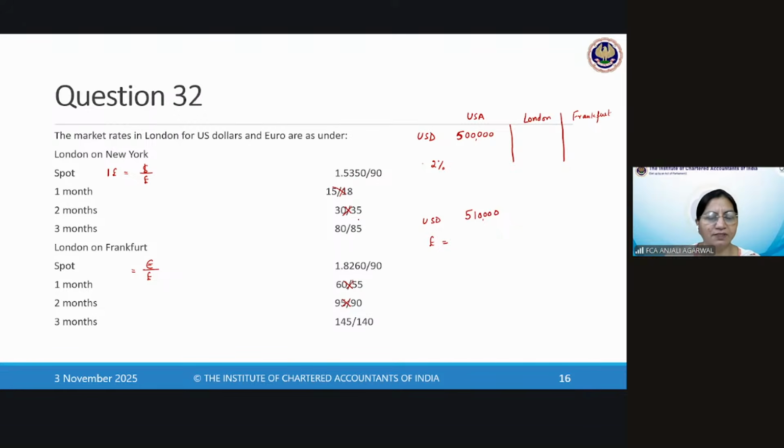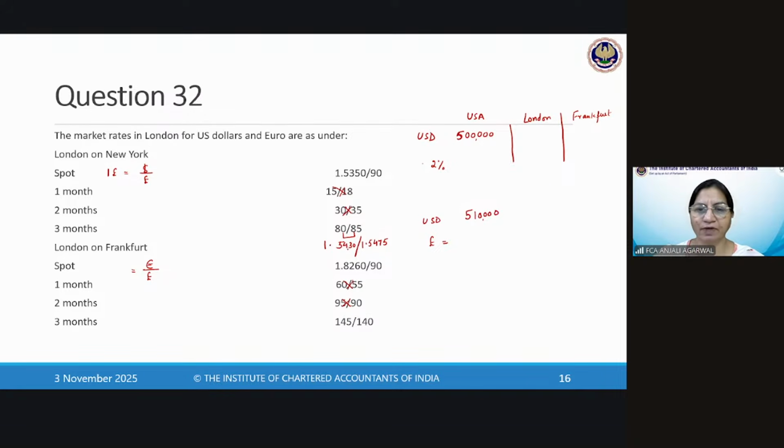After 3 months, the rates are, we can see the swap points are increasing. So it is 1.5430 oblique 1.5475. Okay. You need to sell US dollar to convert it into pounds.